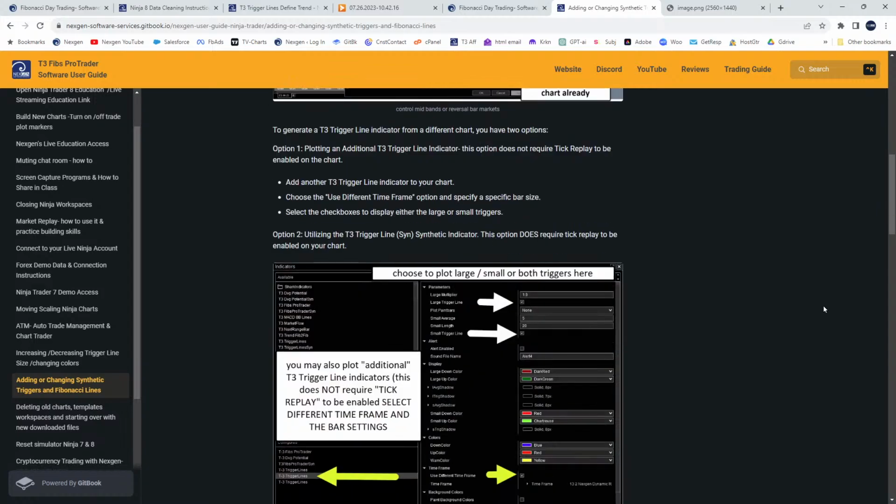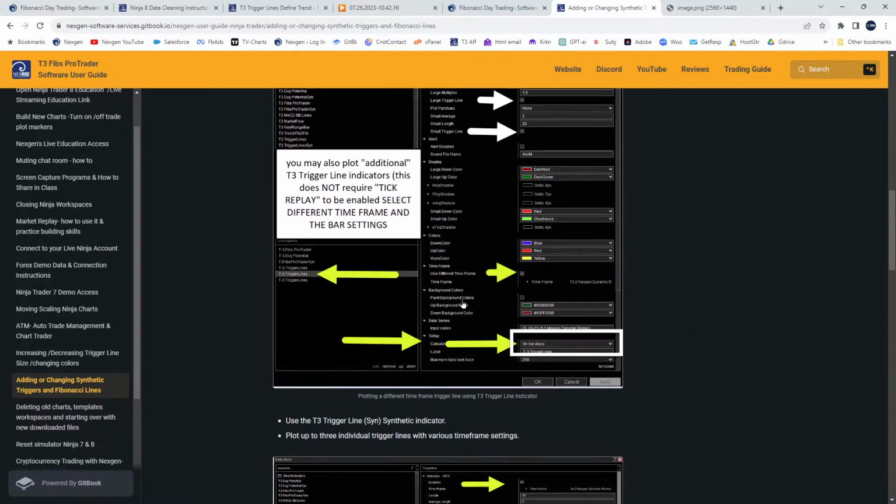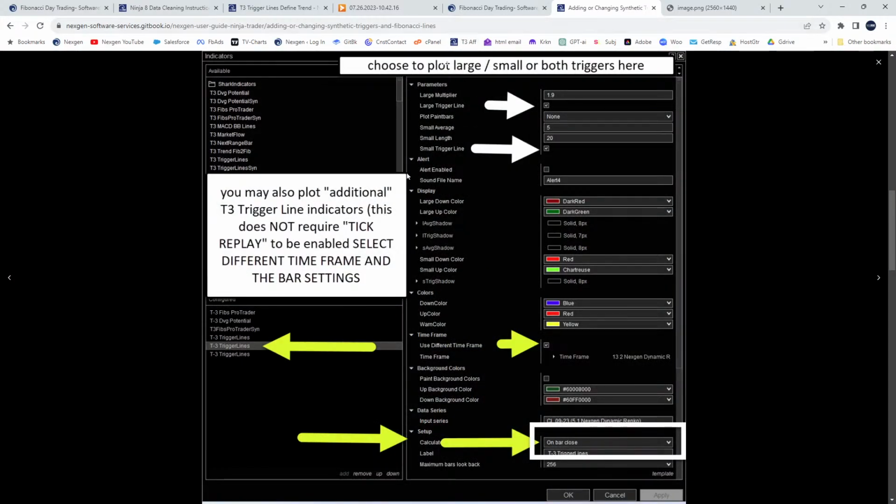So let me give you a picture. Instead of using the synthetic trigger indicator, use the regular trigger line indicator, use a different time frame. And that is 95% fewer crashes than the synthetic triggers. We've already fixed the issue, but you don't have it yet.